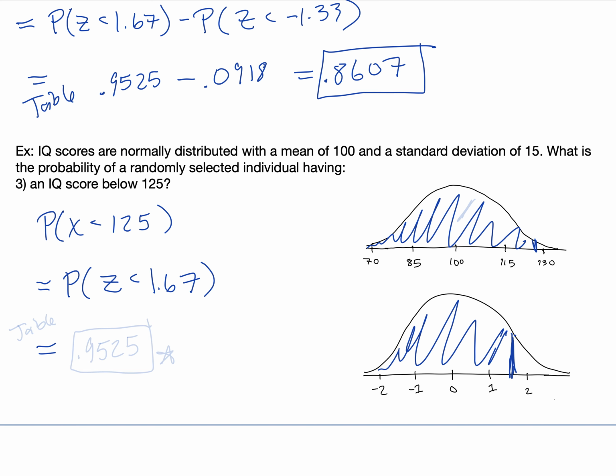And we also already found this probability. Again, this is found using the table, looking up 1.67 as a Z-score to find a probability in the table, and that is 0.9525.